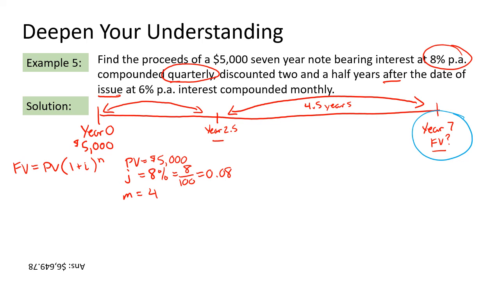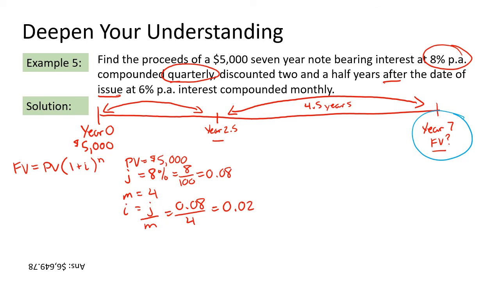So now calculating our periodic interest rate, i, that's equal to j divided by m, which is equal to 0.08 divided by 4, because it's quarterly, which equals 0.02.